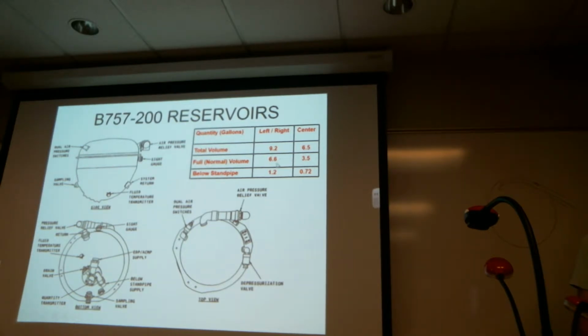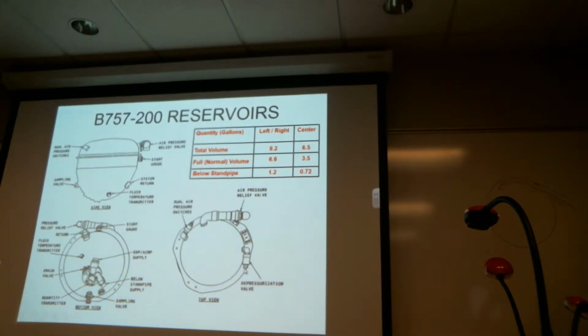The volume above the standpipe, which is the volume available to the primary pump, would be 6.6 gallons, and for the center system 3.5. Then below the standpipe for emergency use, you've got 1.2 gallons and the other 1.72. This has an air pressure relief valve. This also has a depressurization valve.